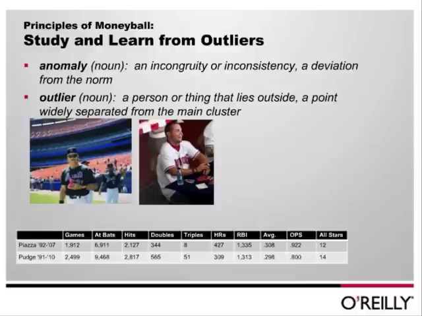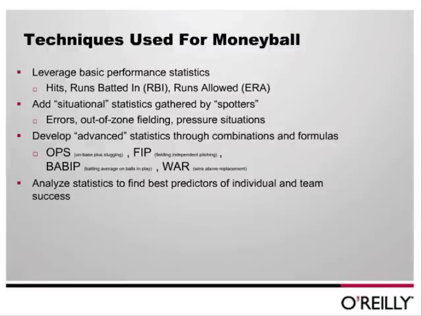So wrapping up on our discussion of Moneyball in sports, the basic set of techniques that are used are to gather basic performance statistics, many of which you may have heard of in baseball. They exist in other sports too, things like in baseball hits and RBI and ERA, basic statistics about how people are performing.